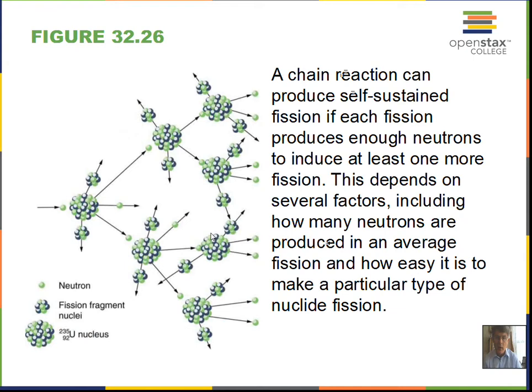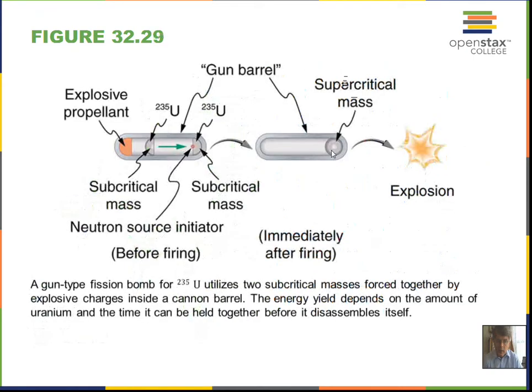But if we make the two half spheres come together into a spherical shape, now the neutrons that used to leak out of the flat sections of the hemisphere hit a uranium-235 target in the other half sphere, and that can be a critical mass and lead to the explosion, the runaway chain reaction.